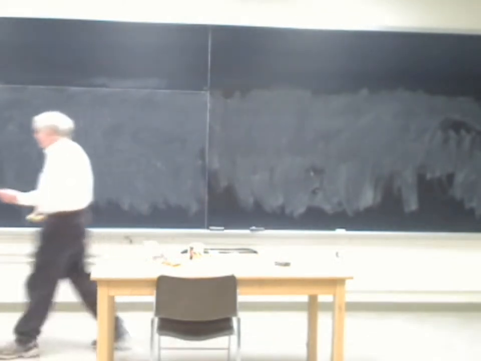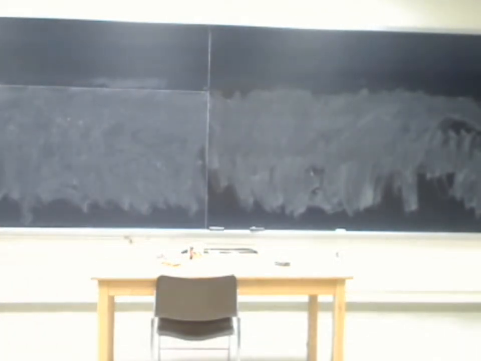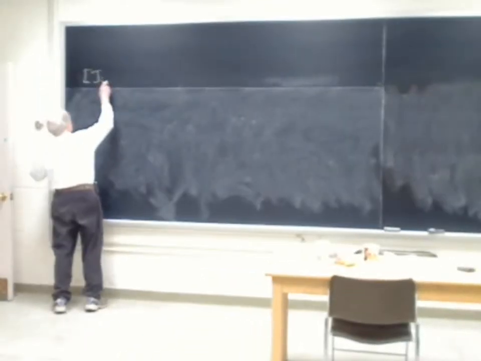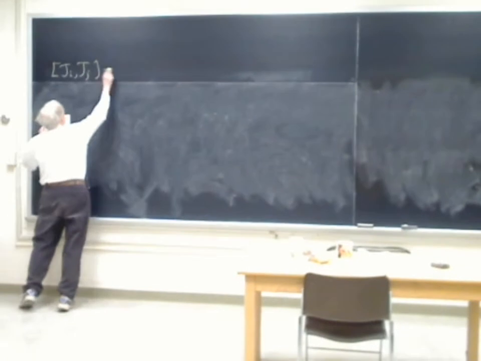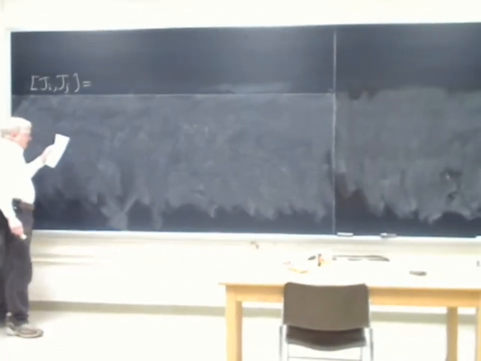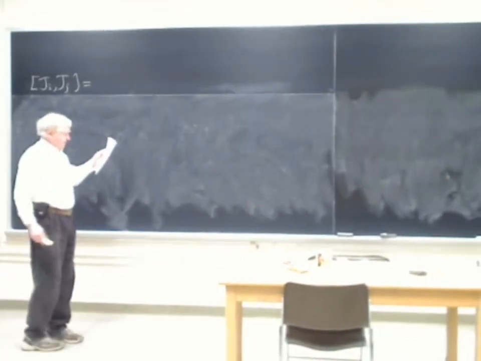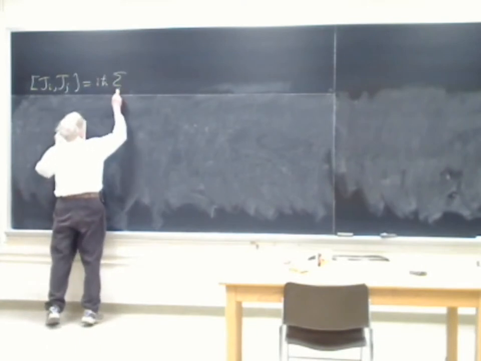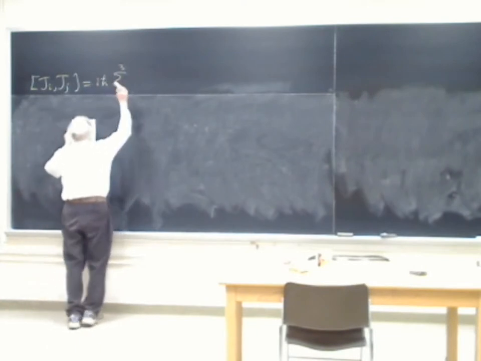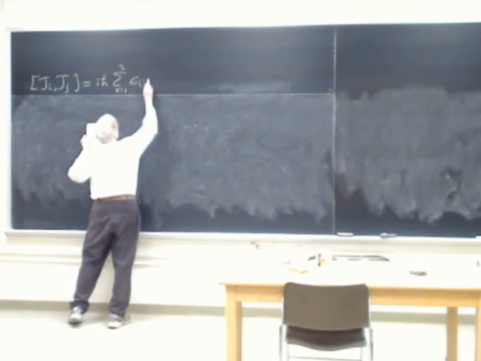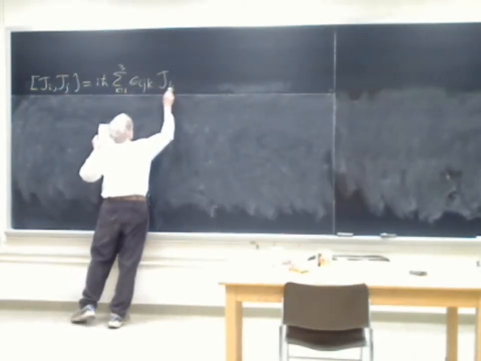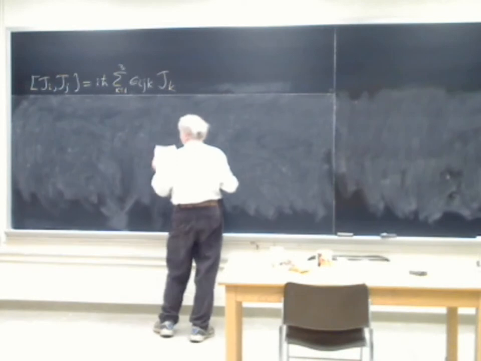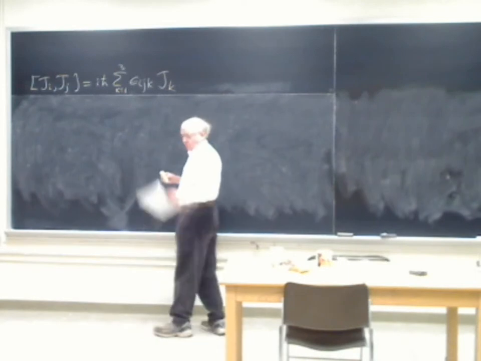So let me first of all review some of the things we learned last time. I'm going to use yellow chalk for the review part. Okay, so that's the fundamental commutation relation for angular momentum.